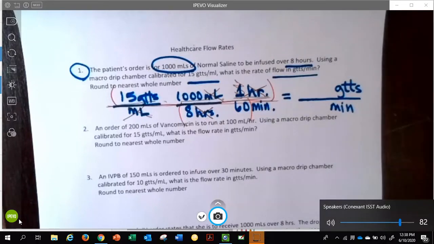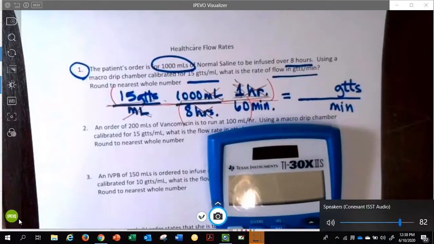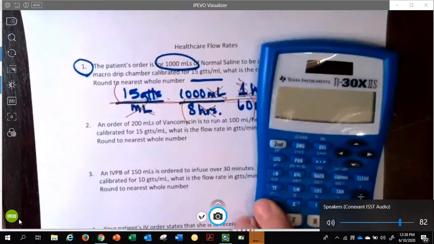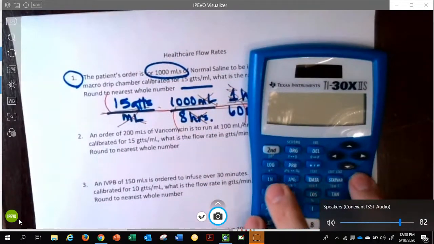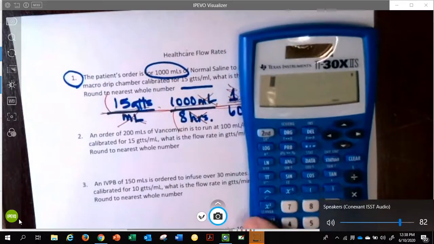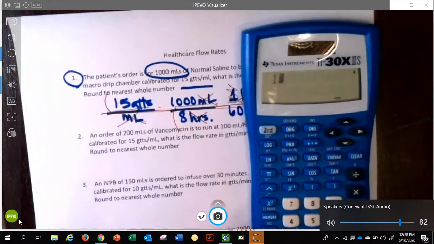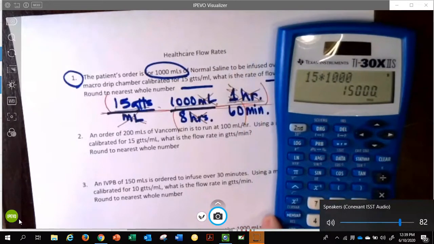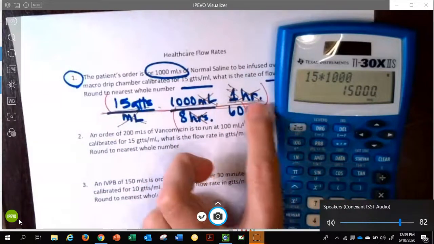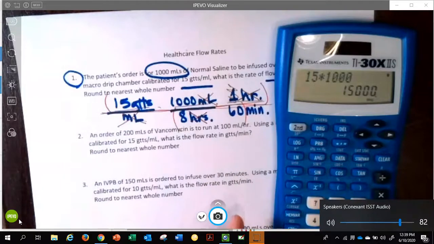But I'll go ahead and show you the long way, and here we go. So in my numerator, and hit clear a bunch, I've got 15 times 1,000. And I'm actually going to be more lazy, not even use parentheses, because once I hit the equals, that took care of my parentheses.